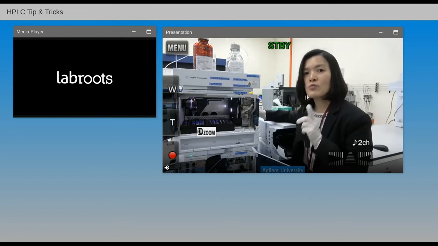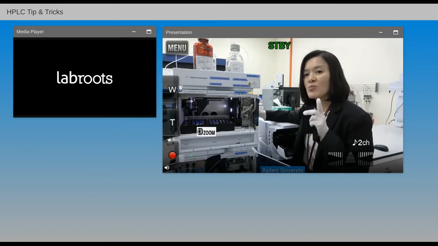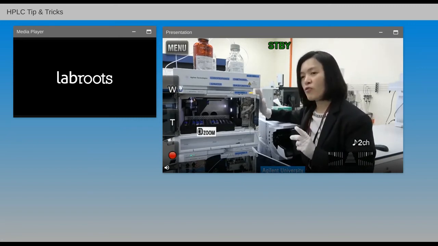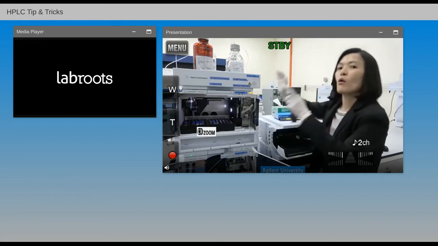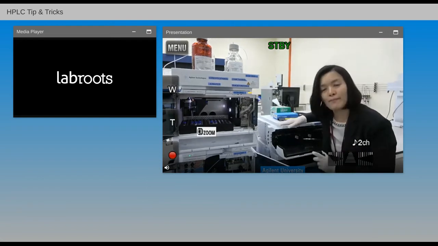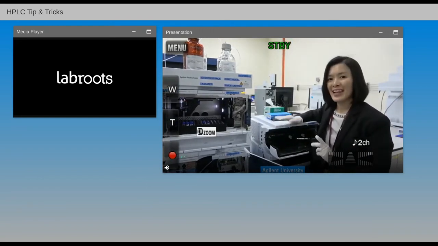So always remember that any high back pressure in the pump is not due to the sample. Because when the samples are introduced from the autosampler, they mix with your mobile phase and go straight to your column for separation and then to the detector for detection purposes.